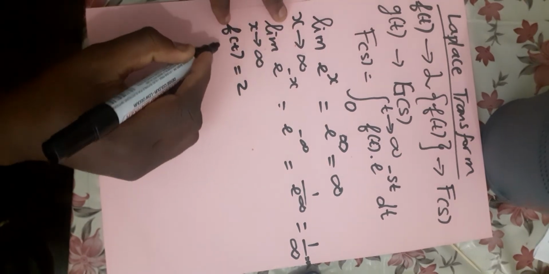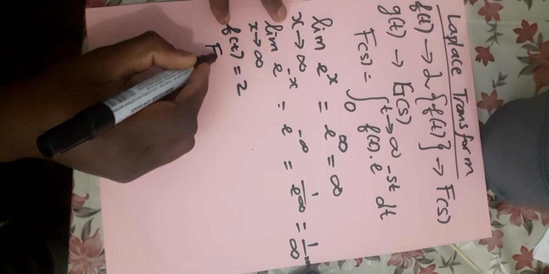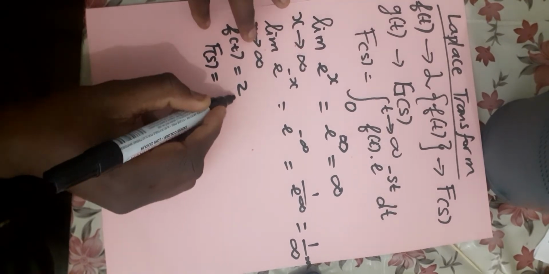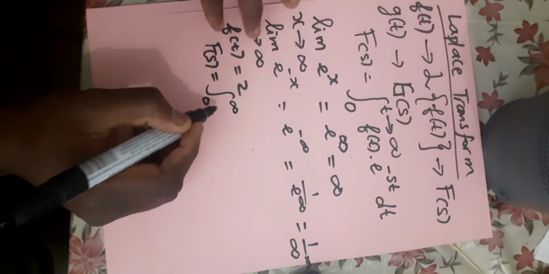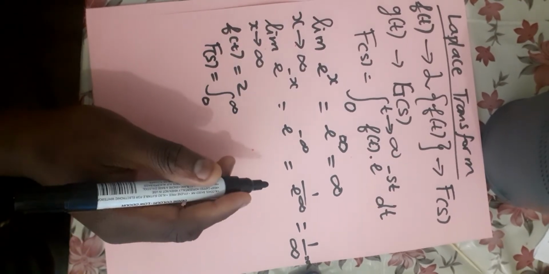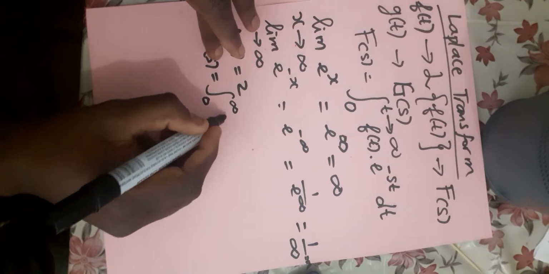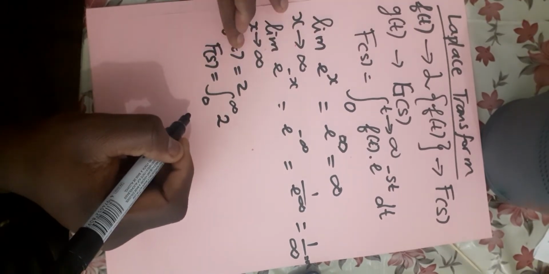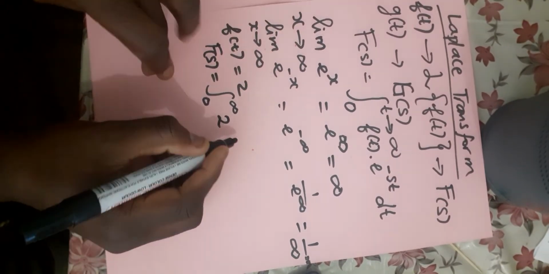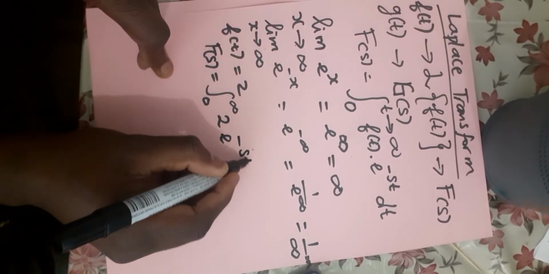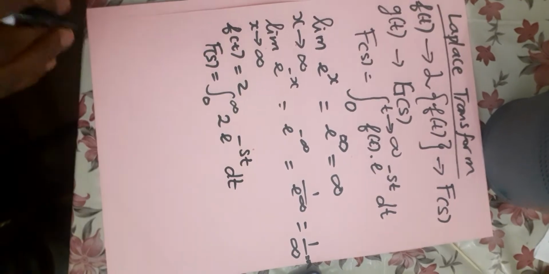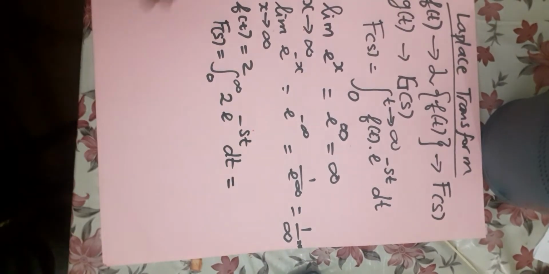Your solution will be F of s equal to the integral from 0 to infinity, t tending to infinity, of that function f of t multiplied by e to the power minus st dt. So this is so simple. What will be the answer?